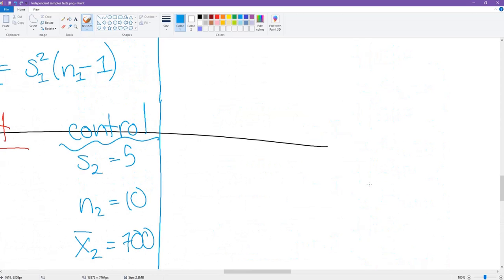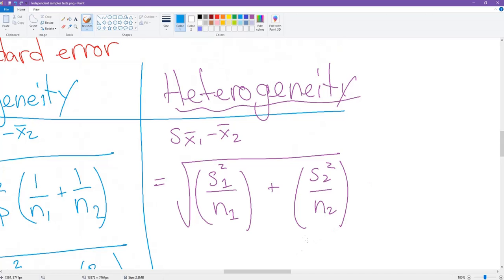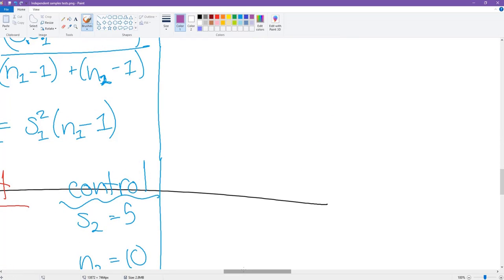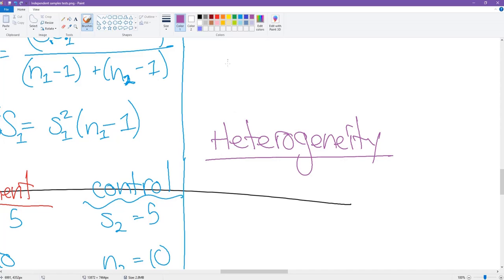Let's take a look up there and see what happens when we have heterogeneity of variance using pretty much the same numbers. I'm exclusively going to be keeping the same numbers. So we're going to take our treatment and our control under heterogeneity of variance now. We're going to change the variance.